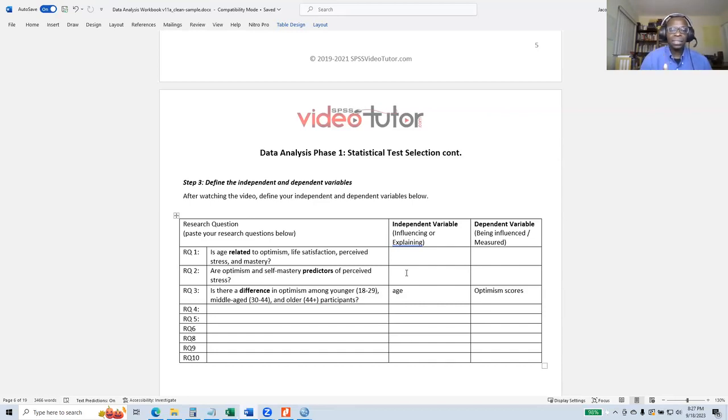So if you think that optimism and self-mastery are independent variables, type in OS. If you think perceived stress is the independent variable, type in a P. Which one is influencing the other?